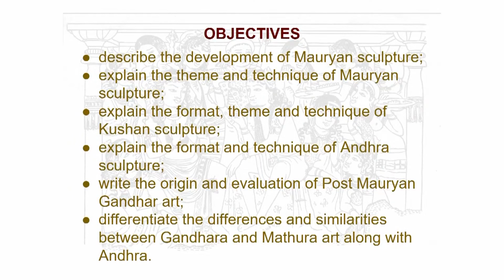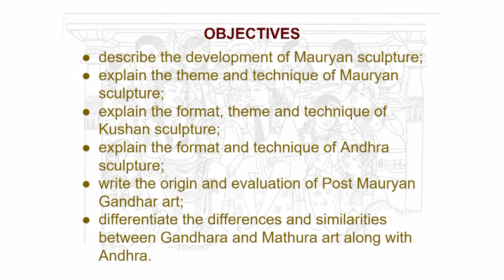After looking into this lesson, you will be able to describe the development of Mauryan sculpture. You will be able to explain the theme and techniques of Mauryan sculpture. You will be able to explain the format, theme and techniques of Kushana sculpture.